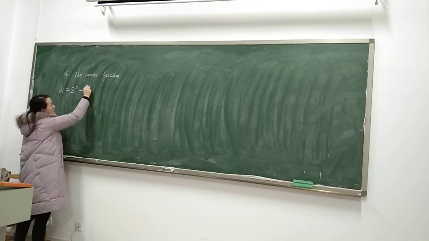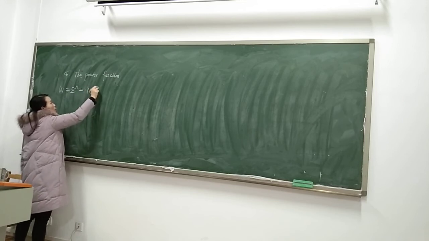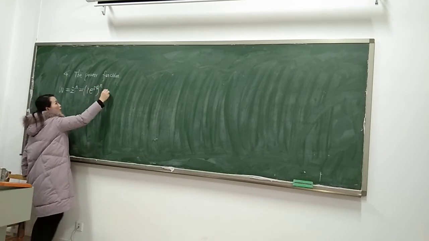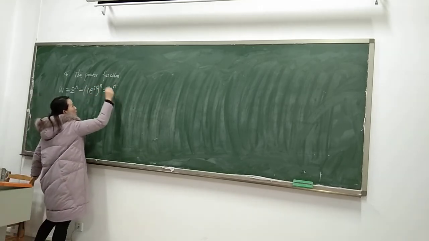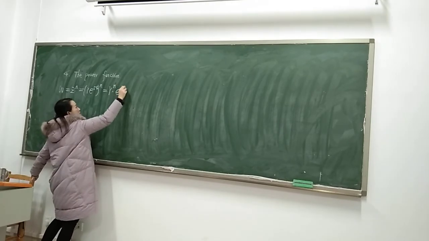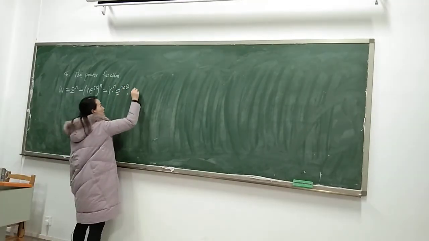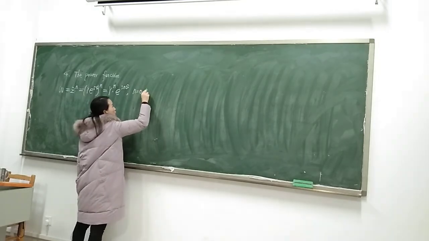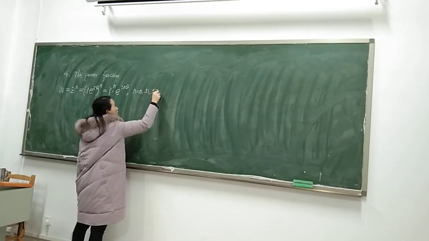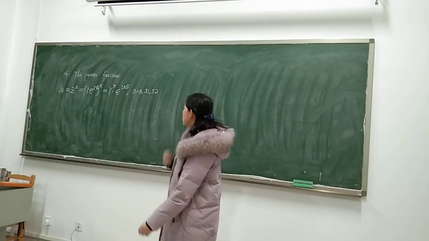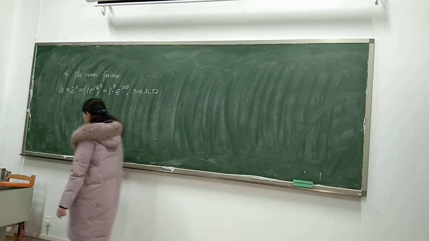You can write z into exponential form. Then the n-th power you can write r to the n, e to the i n theta. This is very easy. But for n equal 0 and so on and so on. This is the first power function.